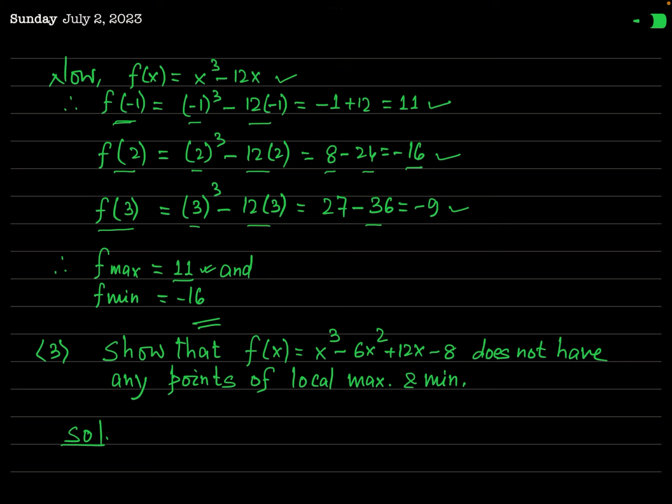So when x is equal to 2, which is actually the critical point, at that very point our function is minimum, and its minimum value is minus 16. Okay. So I think after the solution of this very problem, the application of the second fundamental theorem is definitely clear in your mind. Okay.